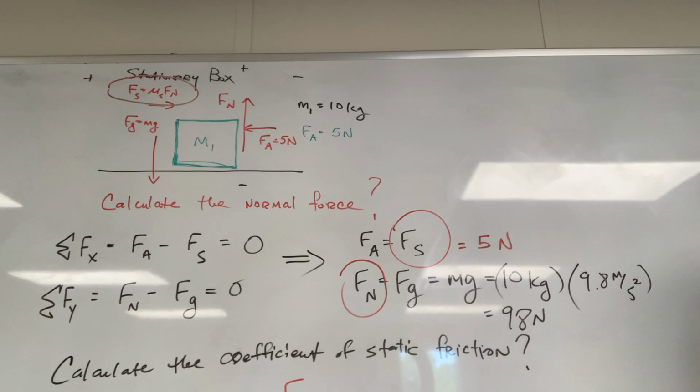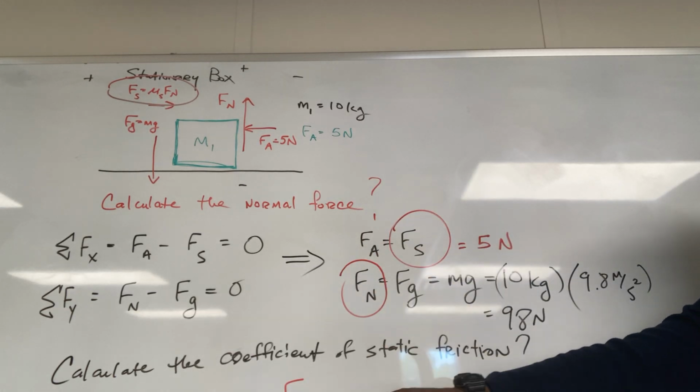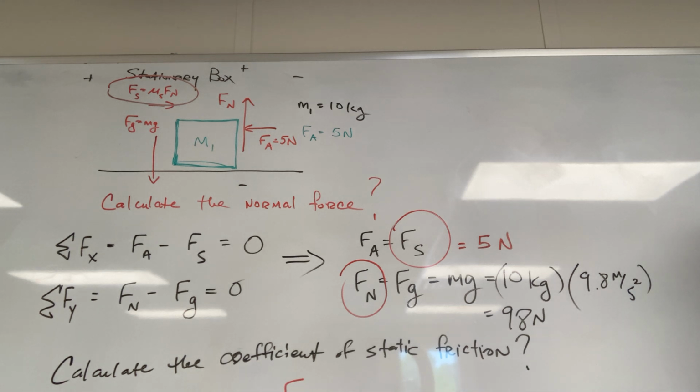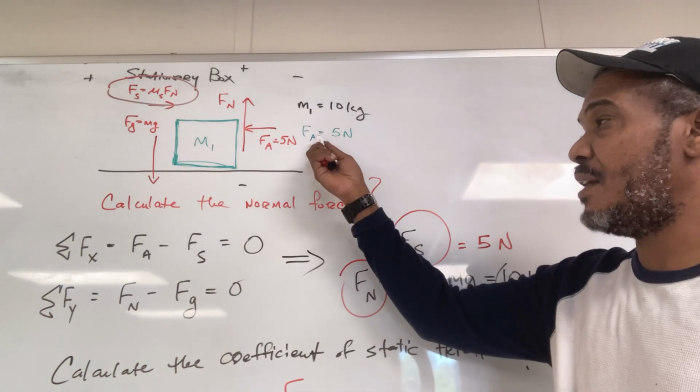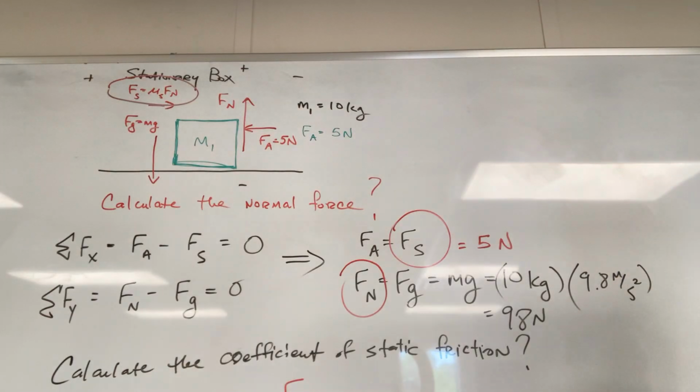So what did we do? We calculated the normal force and we calculated the coefficient of static friction. And all we knew was the applied force and the weight of the box. Okay?